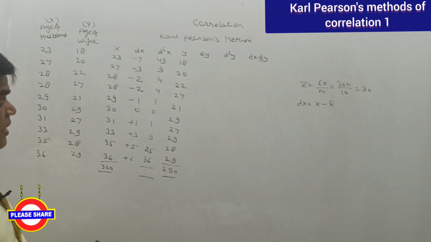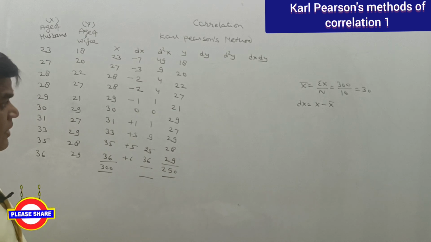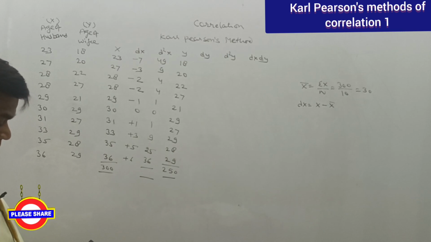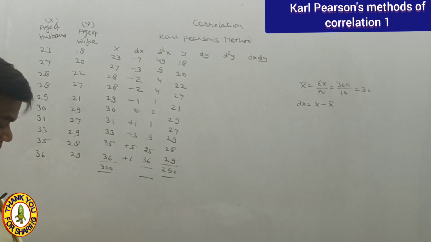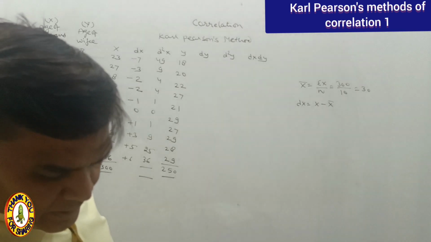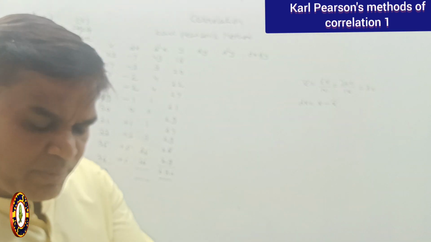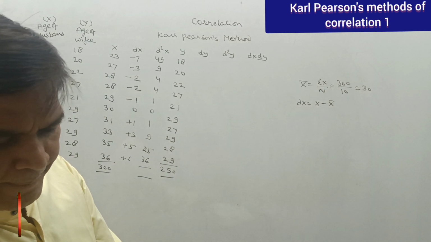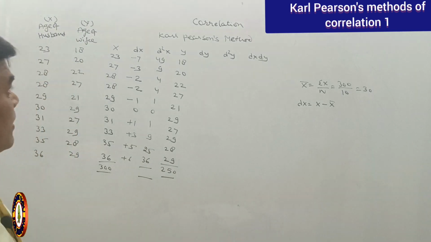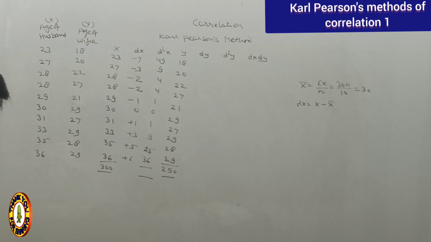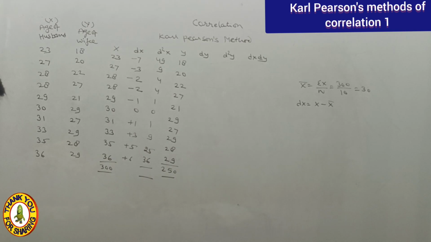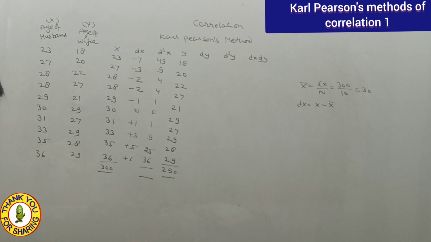Now for the Y series: 18 plus 20 plus 22 plus 27 plus 21 plus 29 plus 27 plus 29 plus 28 plus 29 is 250. Adding again to check, 250 is okay.